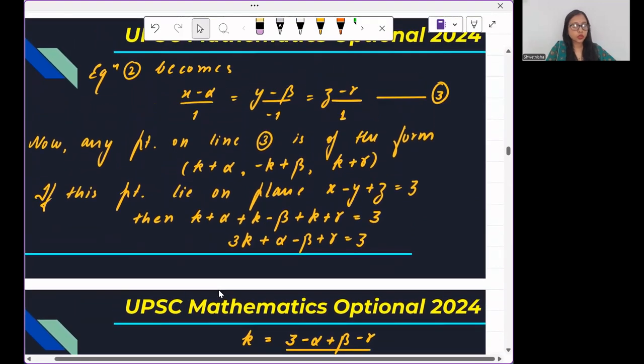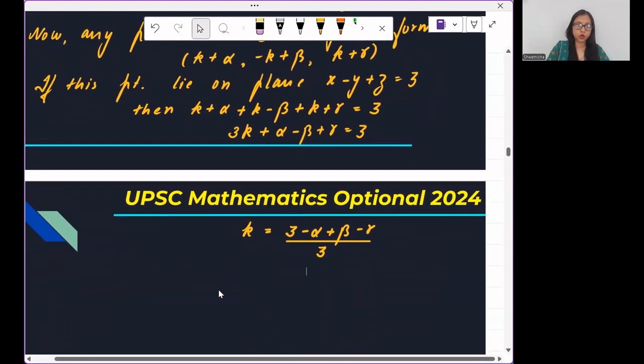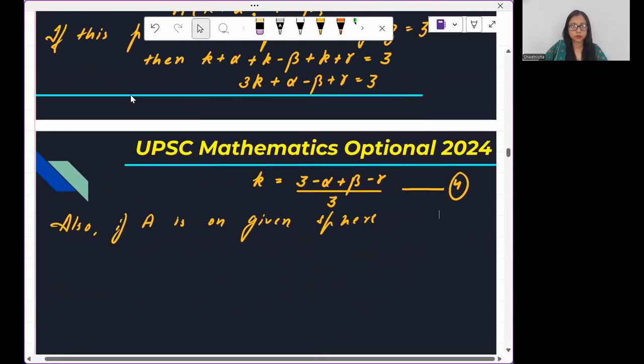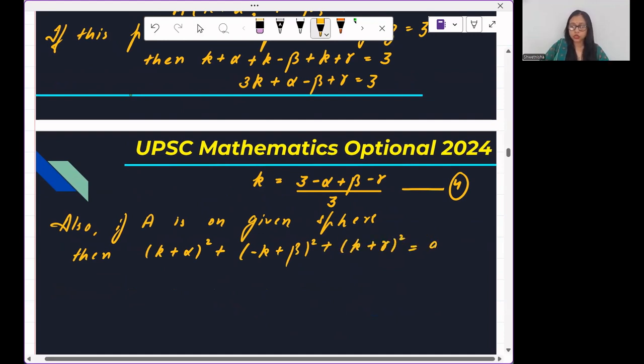And it has to be on the sphere also. Let me take it as point A. Also, if A is on the given sphere, then x square plus y square plus z square is equals to 9.